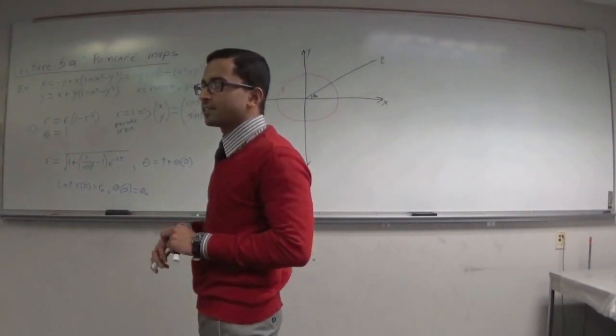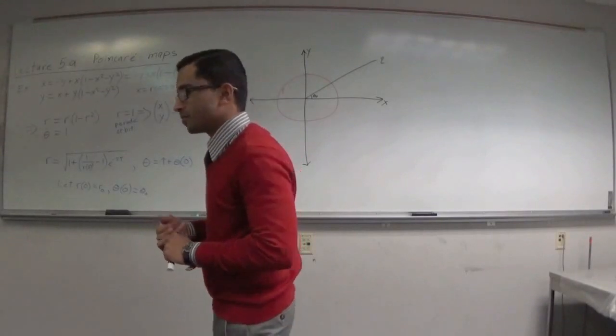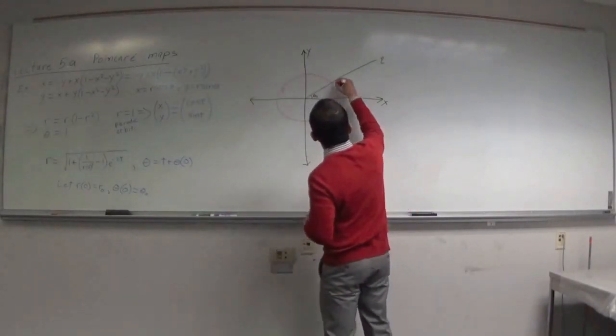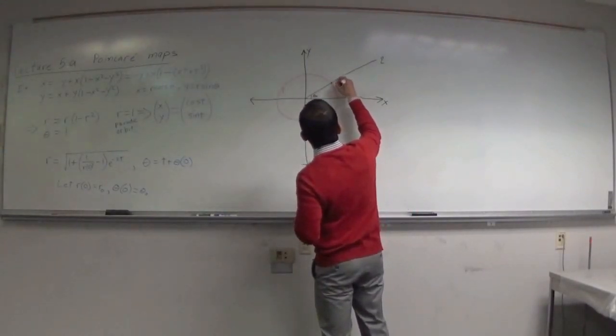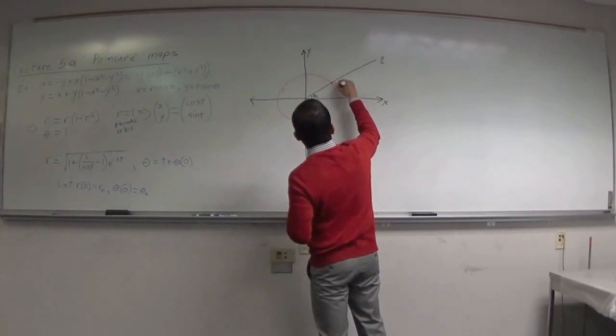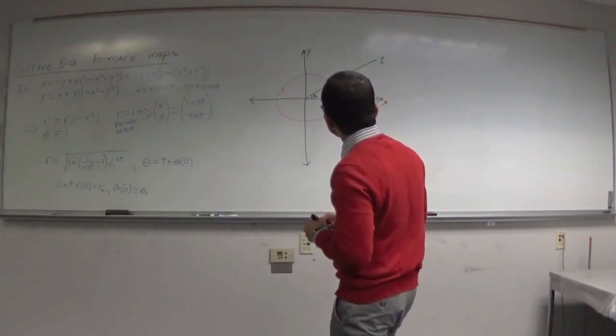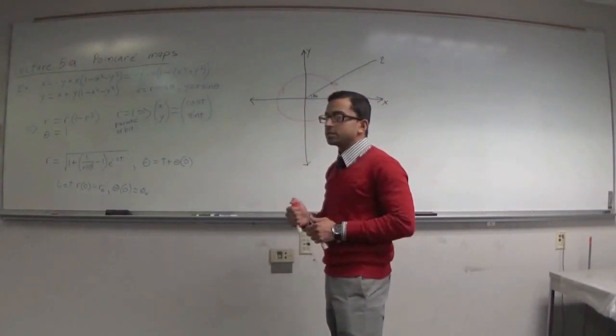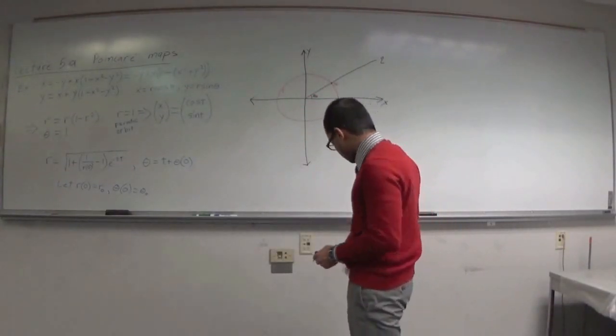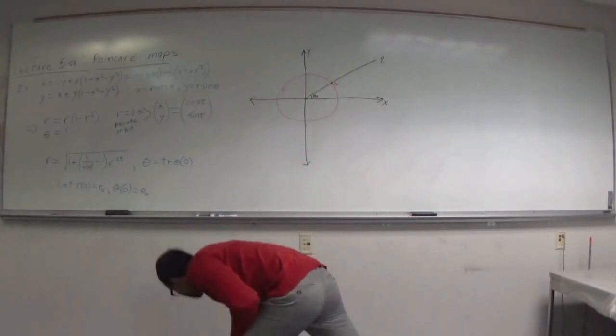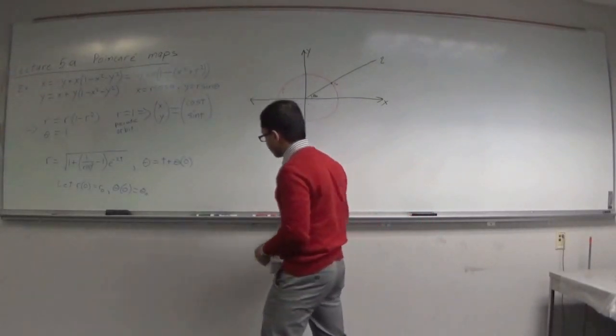It's going to be where the circle intersects the ray. So it's right there. That's our x star. Now that we have that, what do we think the period is going to be? What is the period for this periodic orbit?